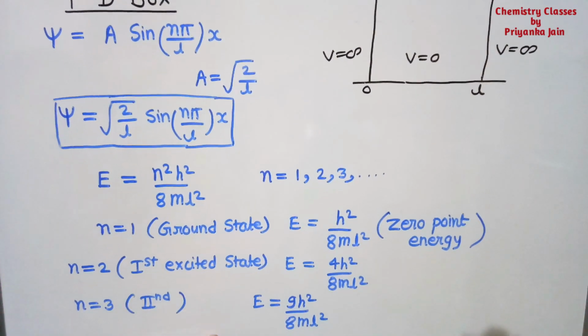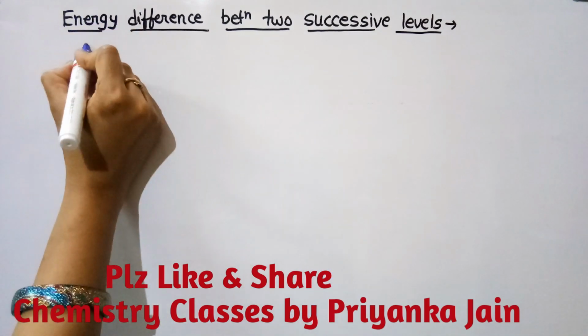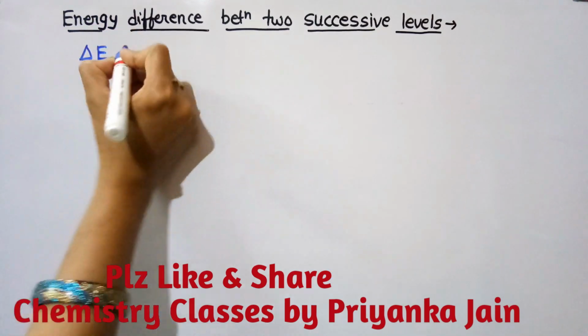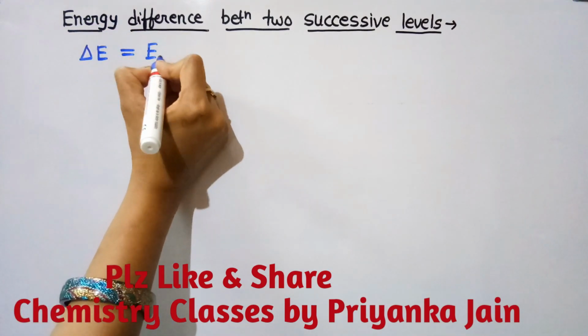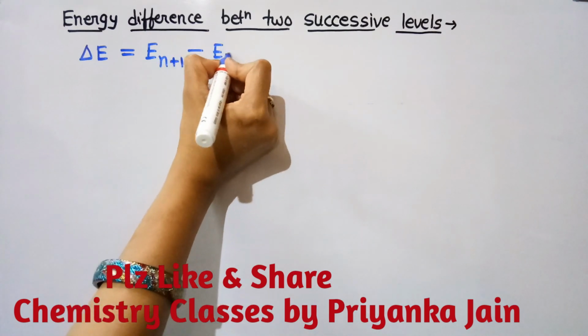So if we have to give the difference between two successive levels, that means the energy difference between two successive levels, delta E, it means the higher level and the one below level.